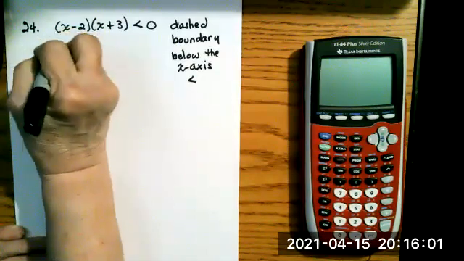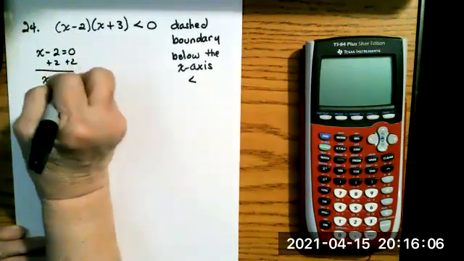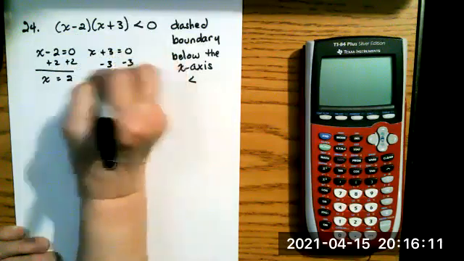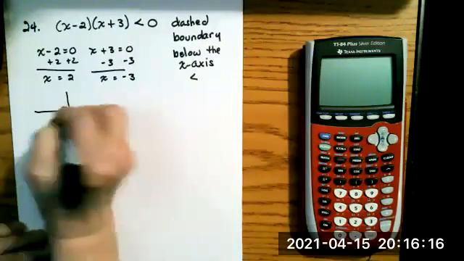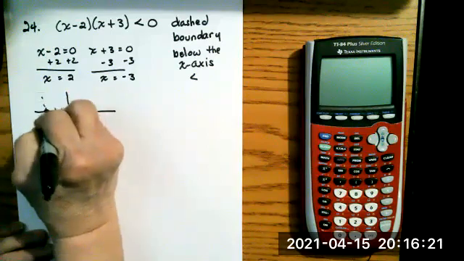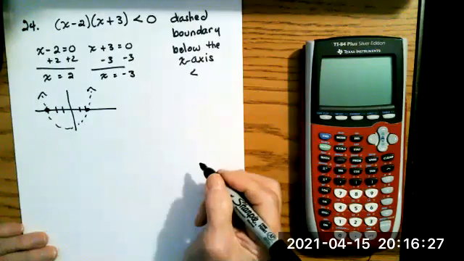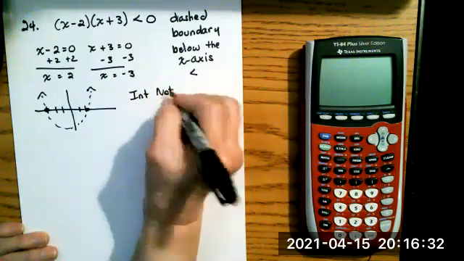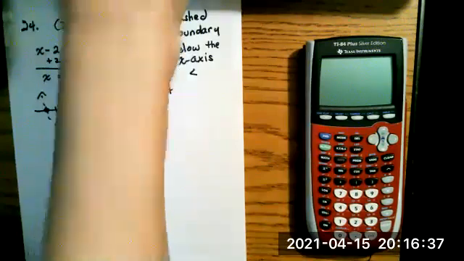So we get our boundary by setting this equal to 0. So I have zeros at -3 and +2, and my boundary line is dashed, and I want to know what my interval notation is for this graph if I want the area that is below the x-axis.